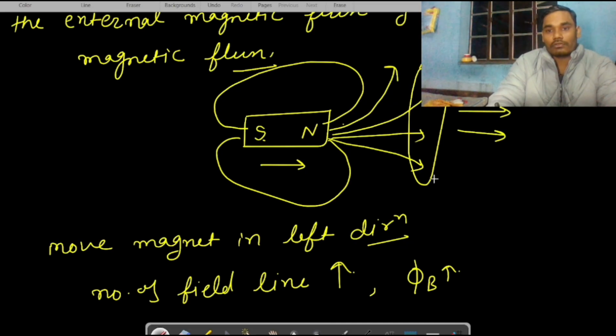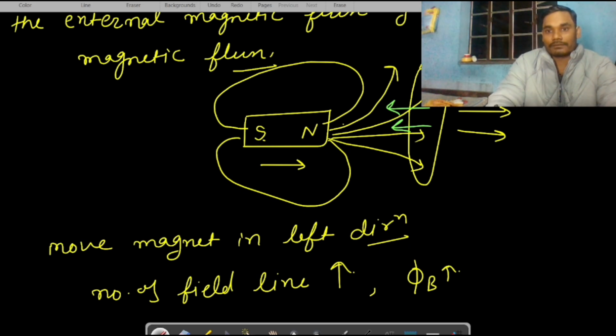So this loop of wire will make a magnetic field in this direction, so that its magnetic flux will become opposite, the negative of the magnetic flux due to this bar magnet.